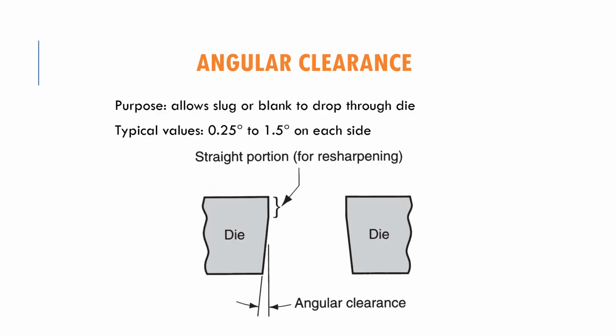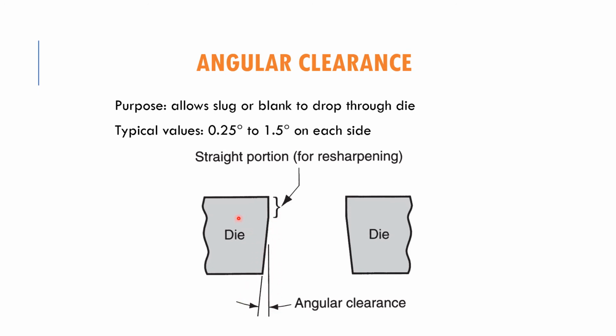Apart from that clearance, we also need to know about the angular clearance. The purpose of angular clearance is to allow the slug or the blank to drop through the die. If you can see here, this is the straight portion of the die. On the bottom side here, there will be angular clearance that we have to create on the die.